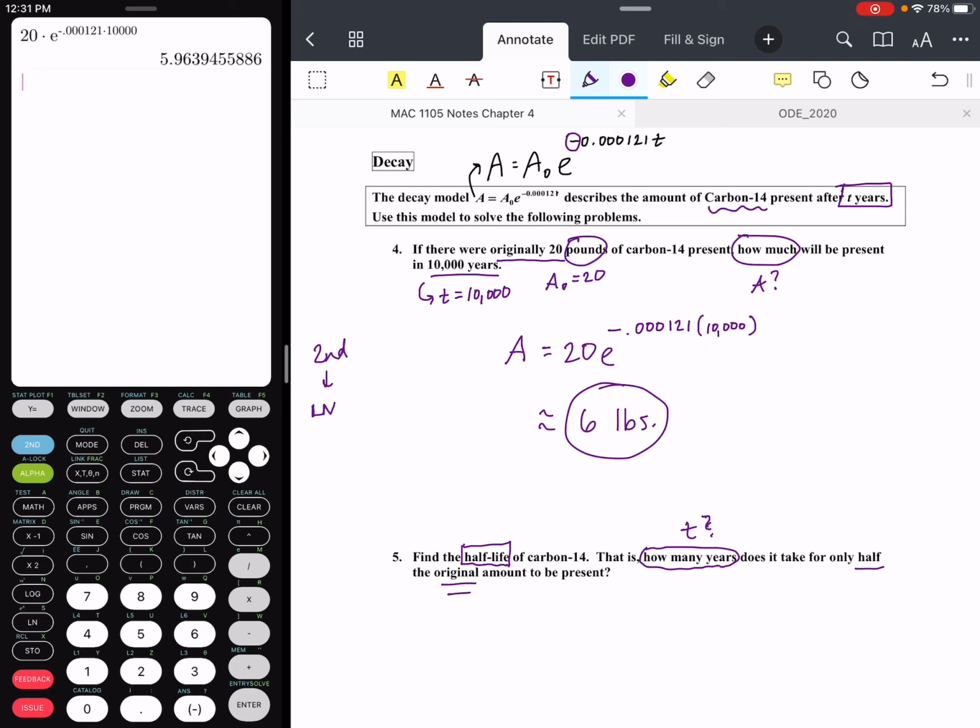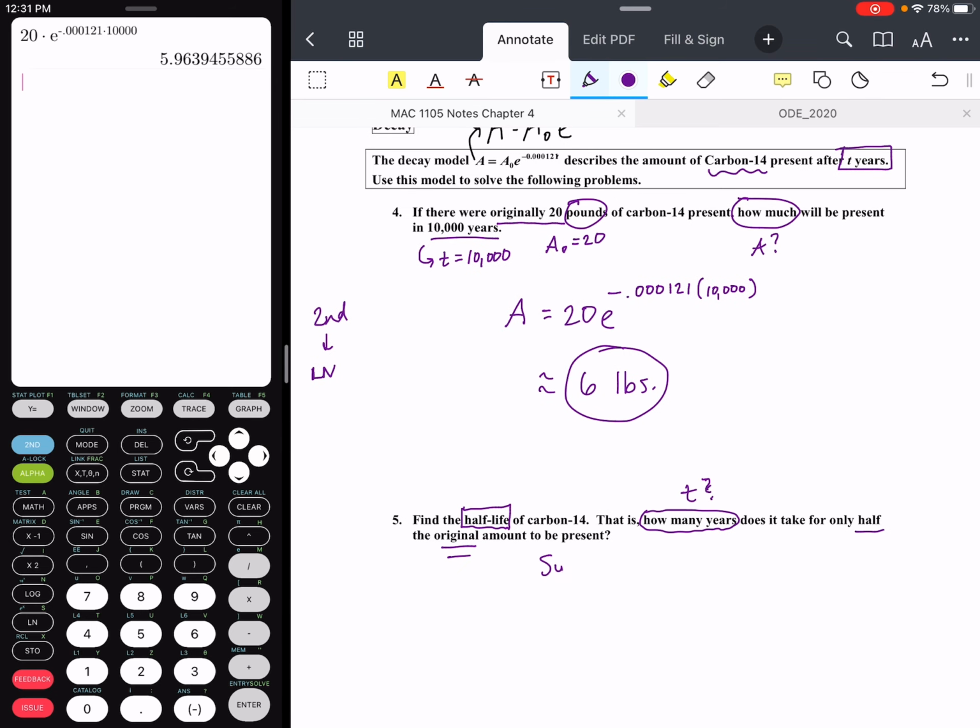So there are a couple of ways that you could set this up. One is, let's play pretend. So if we wanted to use the pounds unit from number 4, let's suppose that initially we start off with 100 pounds of carbon-14. So when we're finding the half-life, after that many years passes, the capital A, the accumulated amount, should decay down to 50, half as much, right?